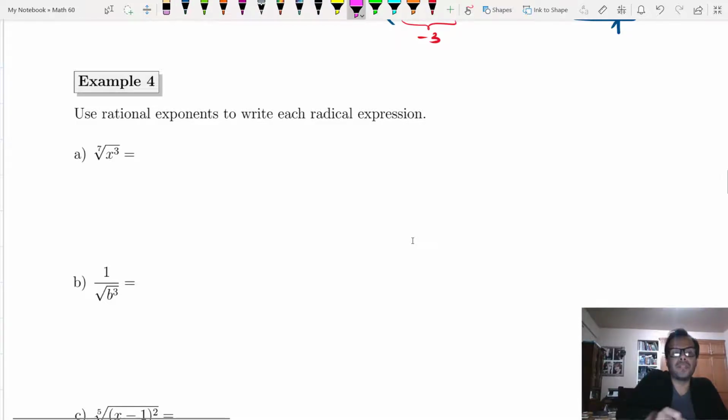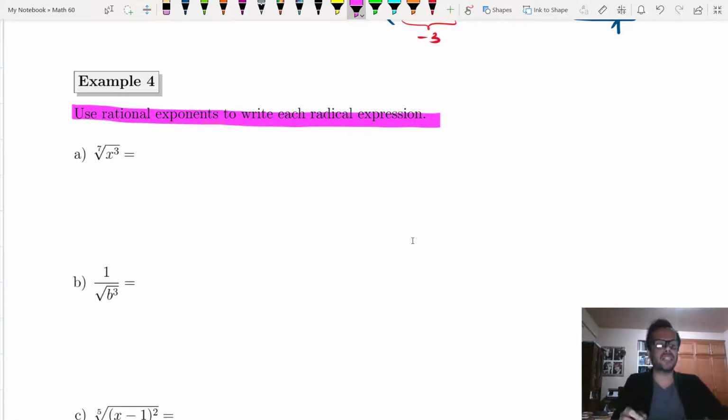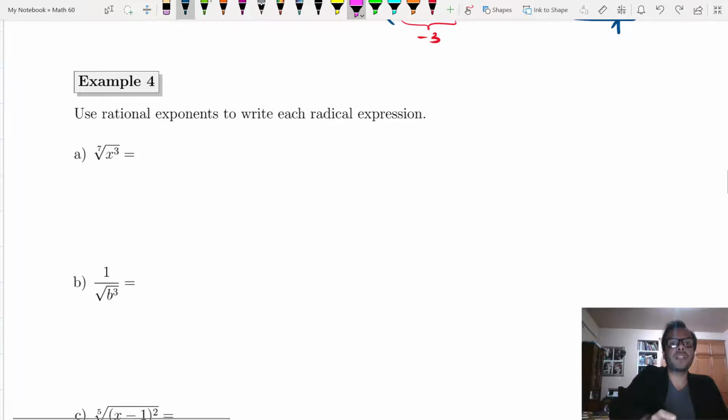rational exponents. So let's use rational exponents to write each radical expression. Number 1: the way we did it on the previous topics, we were identifying the denominator of the rational exponent, which becomes the index of the radical.